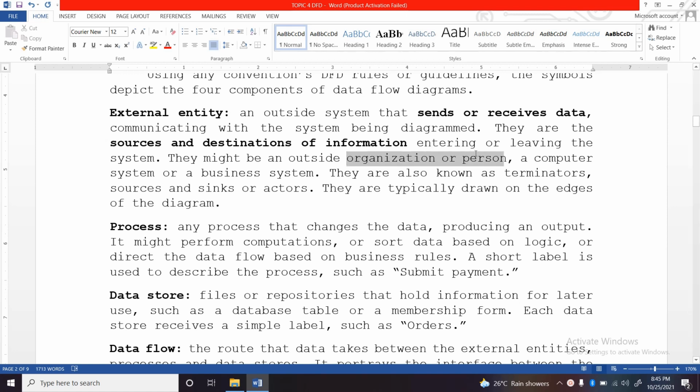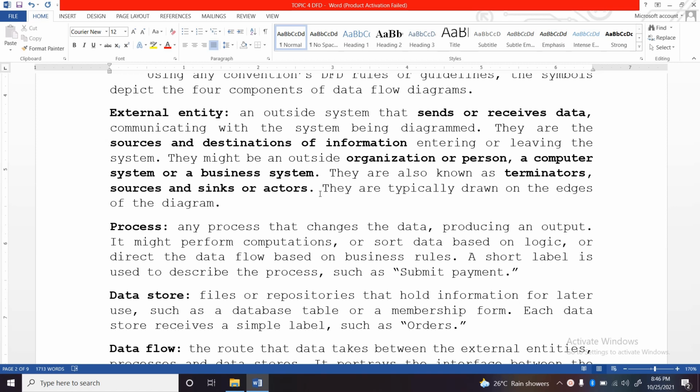Take note of this one: they can be an outside organization, or a particular person. They can also be a computer system or a business system. And of course, do not forget this, they are also known as the terminators, the sources, and sinks, or the actors. When we say actors or actresses, they are the main point of a particular movie. Same as in a data flow diagram, the external entities are the main actors.